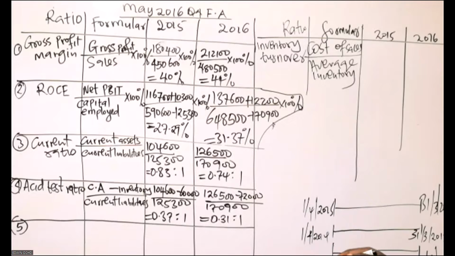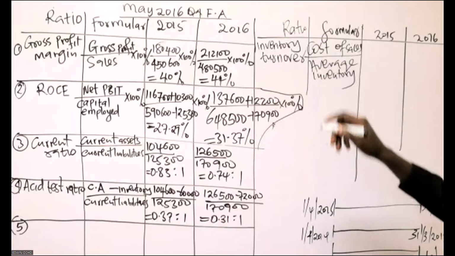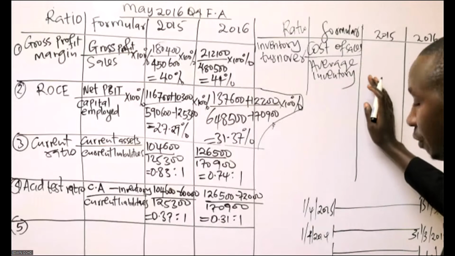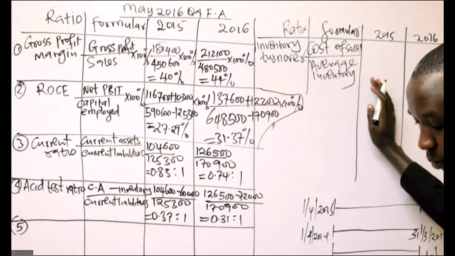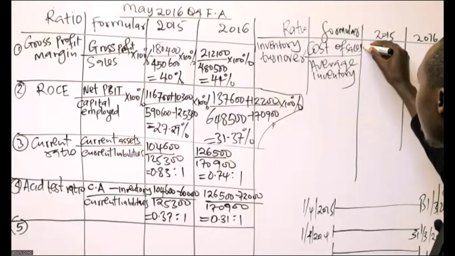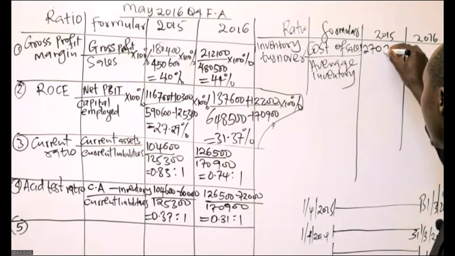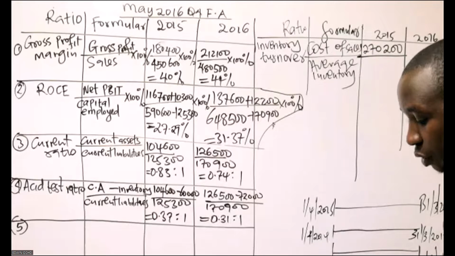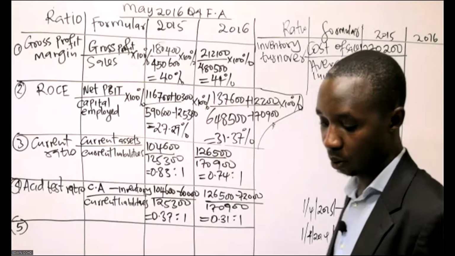So we need to know the cost of sales for 2015. According to the question, it is 270,200. What about average inventory?